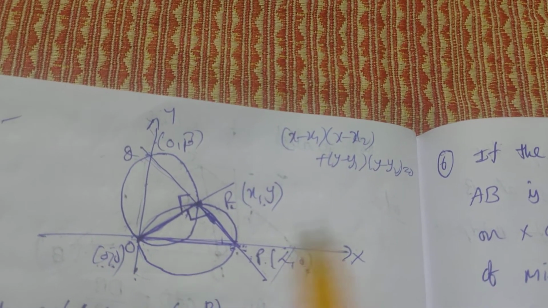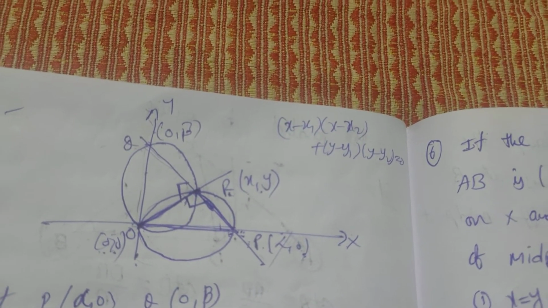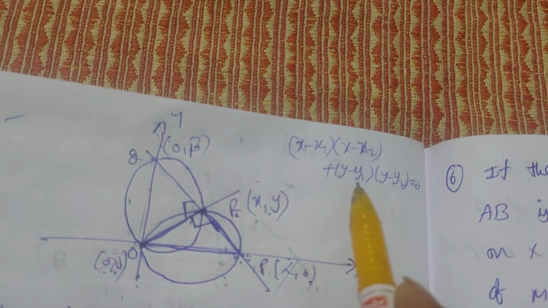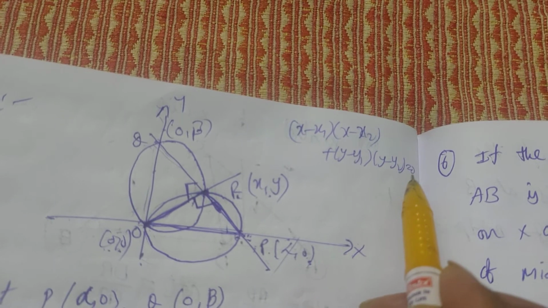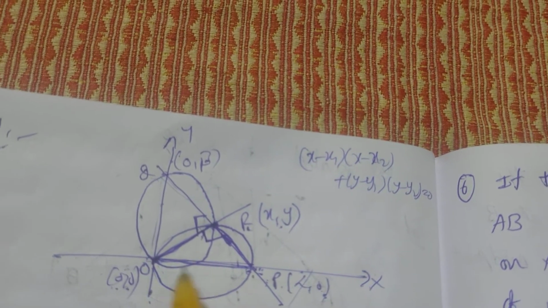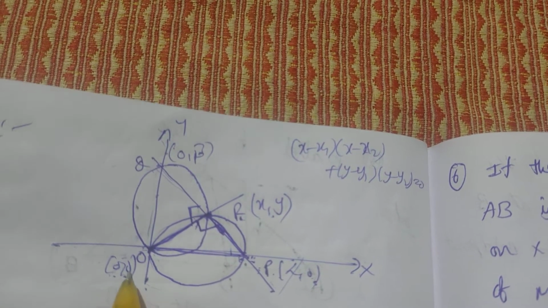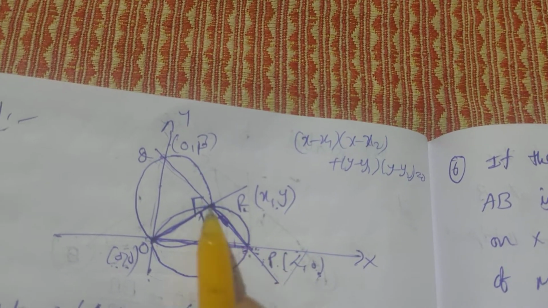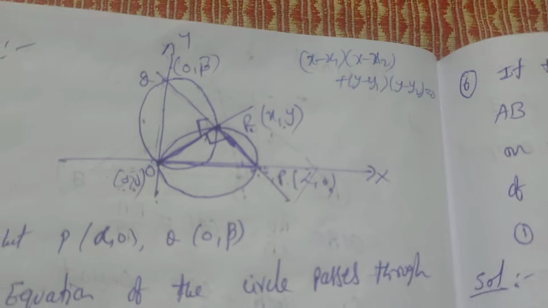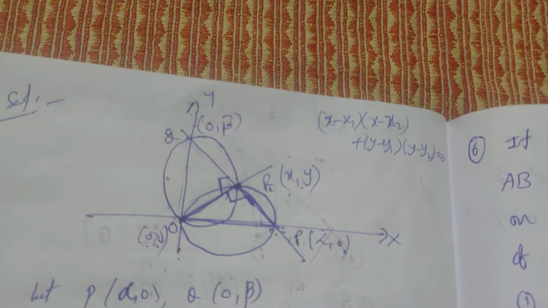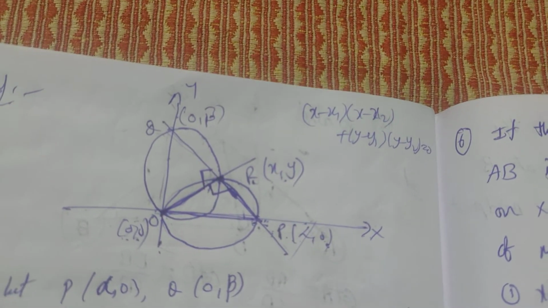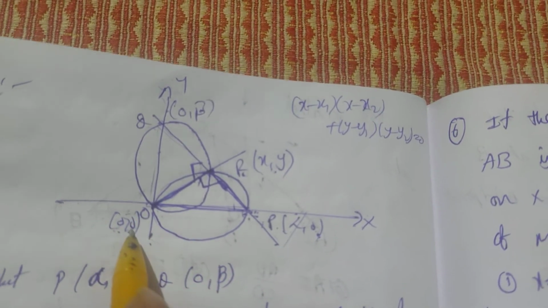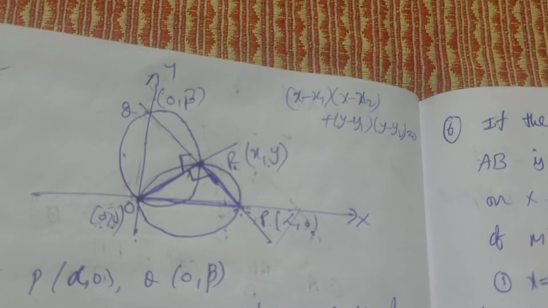These two are the ends of the diameter. Then the diametrical form of the circle is x minus x1 into x minus x2 plus y minus y1 into y minus y2 is equal to 0. See here, x1 y1 is 0 comma 0, x2 y2 is alpha comma 0. According to that, the equation of the circle is, simplifying here, x minus 0 into x minus alpha plus y minus 0 into y minus 0.